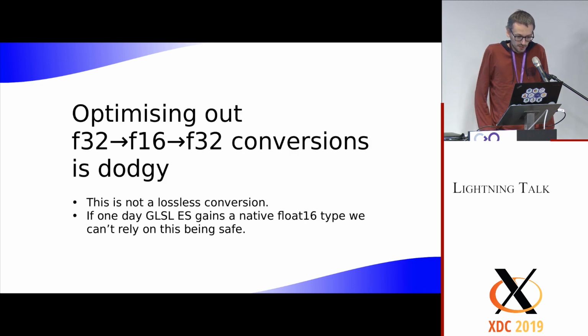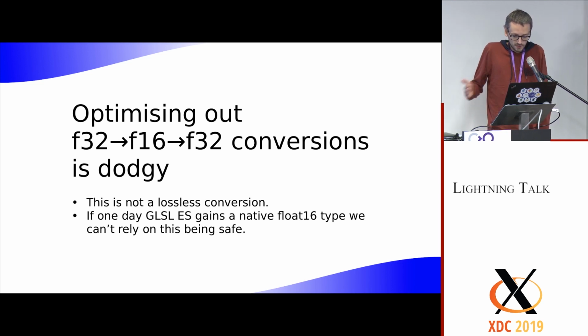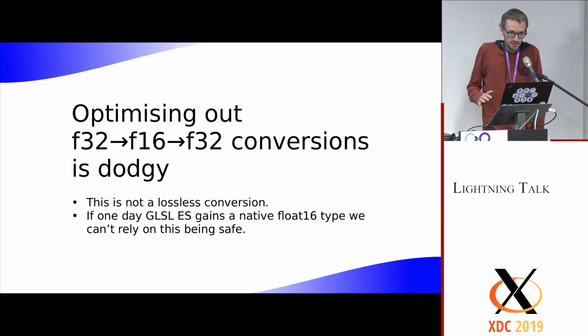Okay, so the other thing: there were some concerns about the lowering pass relying on a later NIR pass, which removes redundant conversions. One of the conversions that we want to remove is going from float32 to float16 to float32. In the case of the lowering pass, that's okay, because the conversions are generated by the lowering pass and they're not visible to the application.